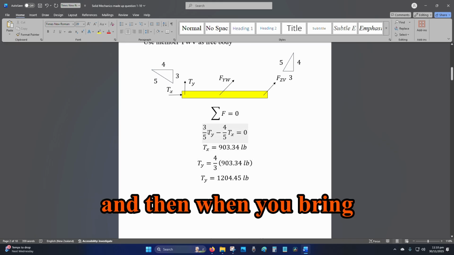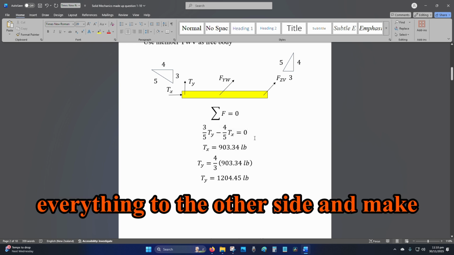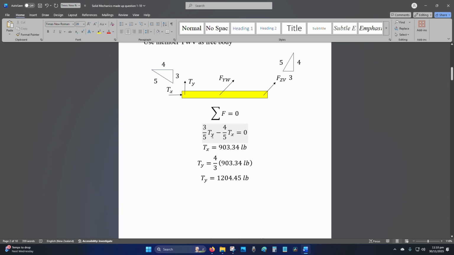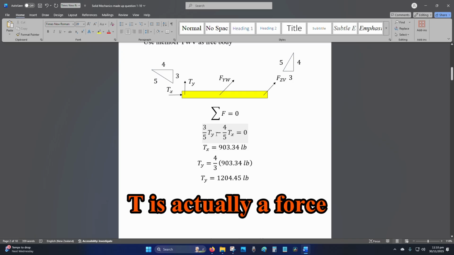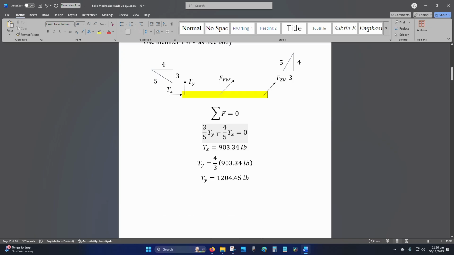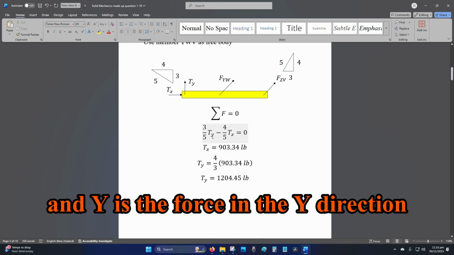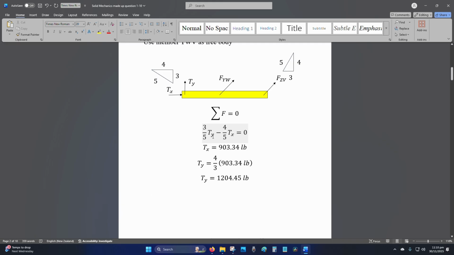And then when you bring everything to the other side and make Ty the subject, note that T is the point T, and Y is the force in the Y direction. I hope that makes sense.